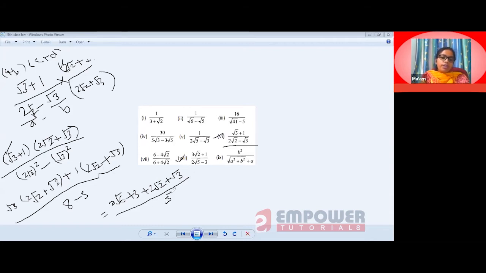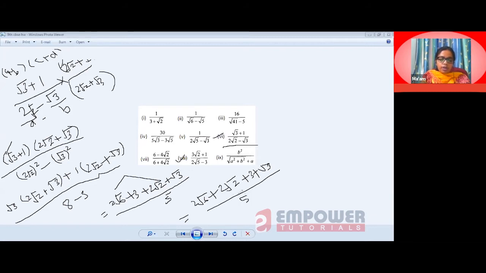So this will be your final answer, or you can combine these two. So this will be 2 root 6 plus 2 root 2 plus 3 plus root 3 on 5.